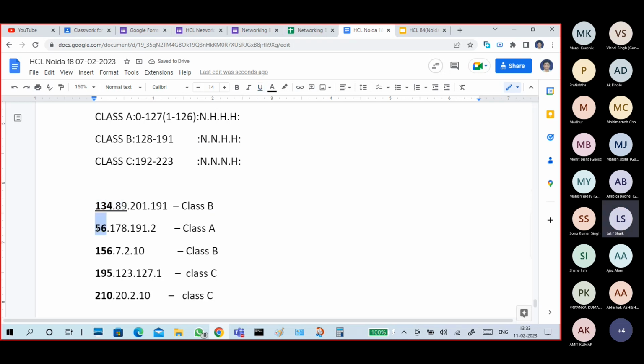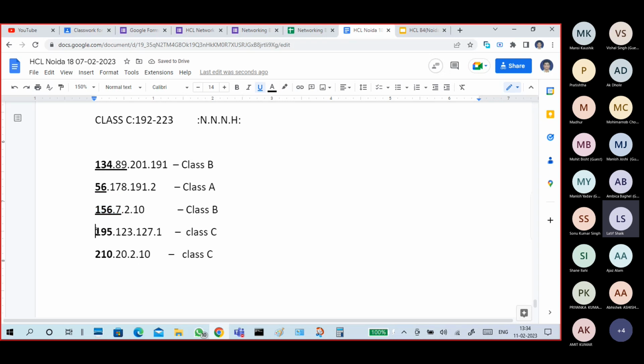So what is the network portion of this one? The first two. For this one, the first three are the same network portion, class C.